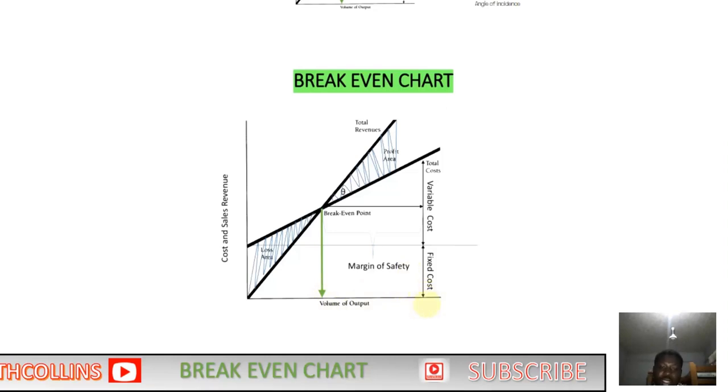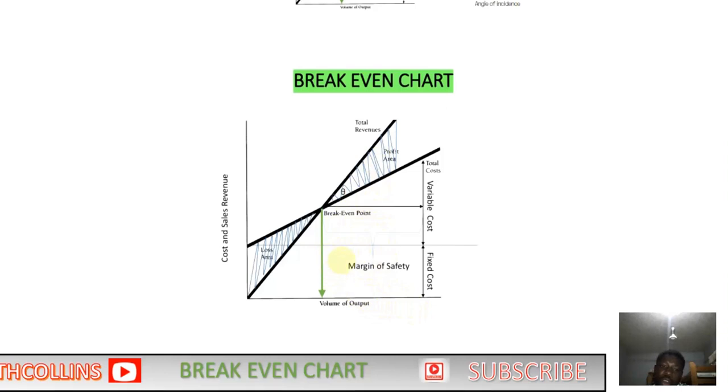Your target sales should be between 51 and 110. At 50, you are going to break even. So in order to achieve profits, you must target 51 to 110, and that is our margin of safety. As I said, the larger the margin of safety, the larger the profits.